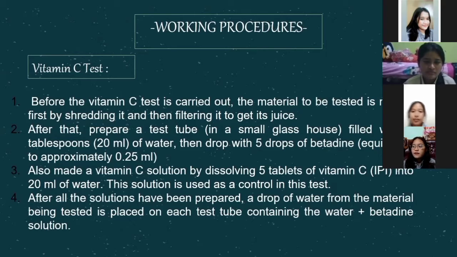Fill with 2 tablespoons, 20 ml, of water. Then add 5 drops of betadine, equivalent to approximately 0.25 ml. 3. Also make a vitamin C solution by dissolving 5 tablets of vitamin C into 20 ml of water. The solution is used as a control in this test.